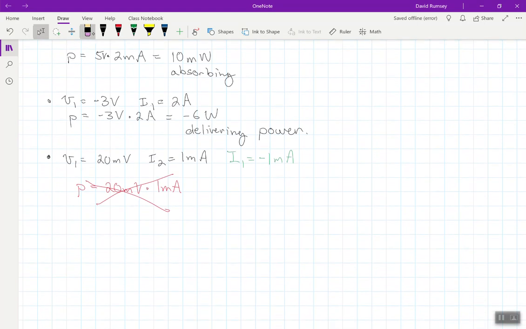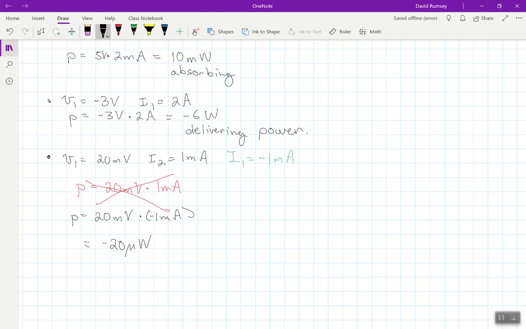So in this case, power would be 20 millivolts times negative 1 milliamp. Now, you need to be careful. I'm assuming you can use calculators and scientific notation. This course is really not to remind you how to do things of that nature, but be careful with your computations here. You can always use a calculator to help, but you would get minus 20 microwatts.